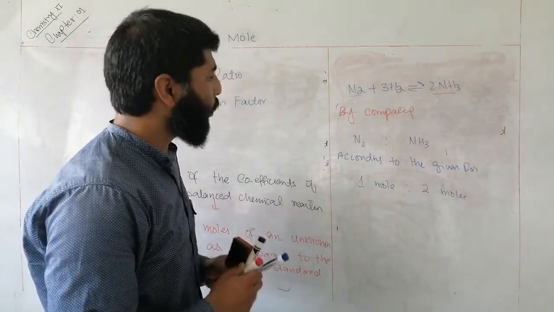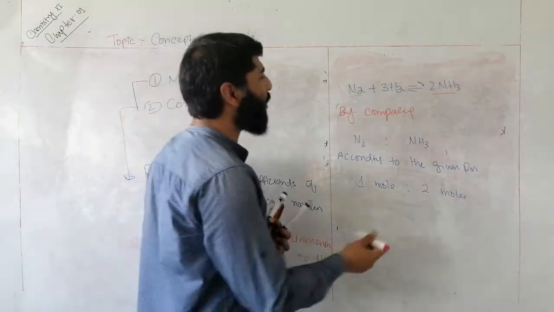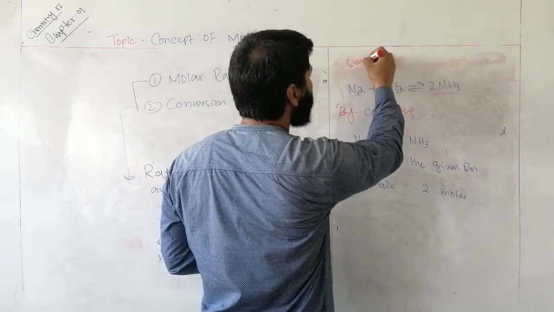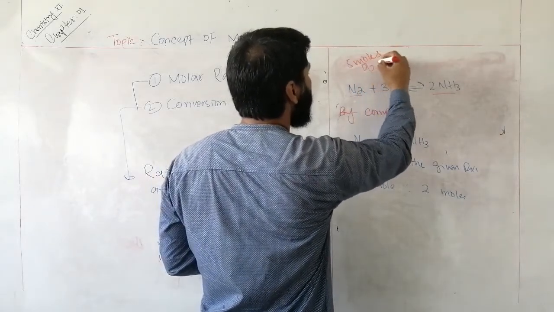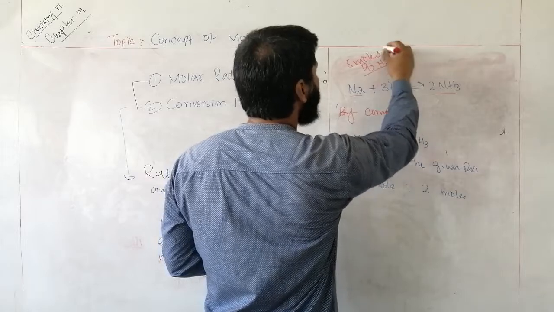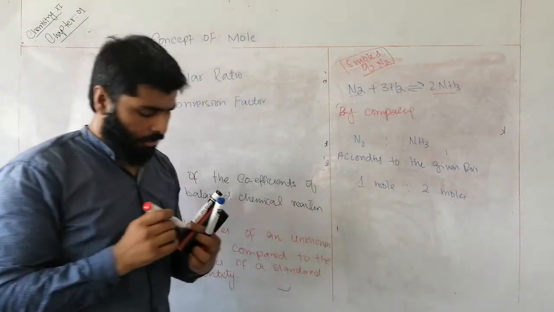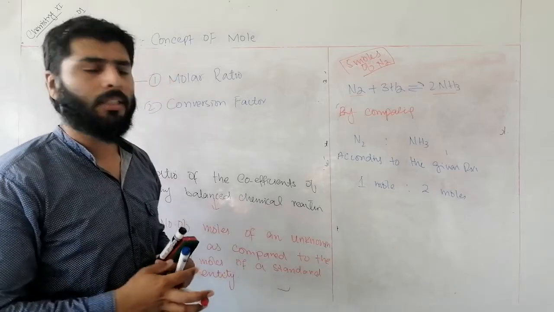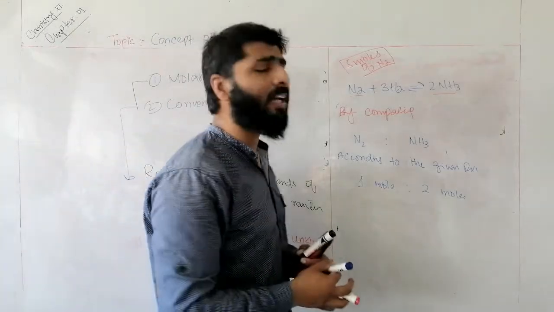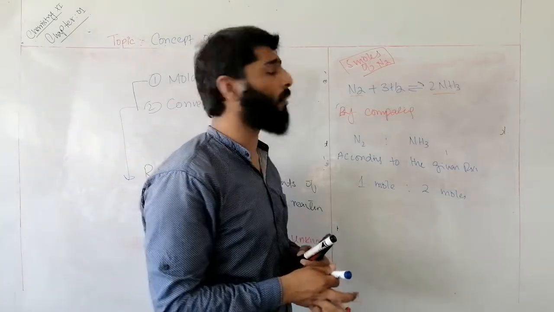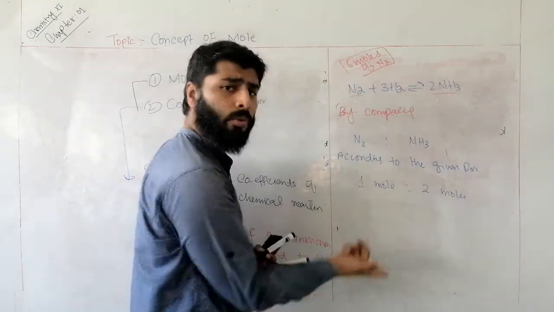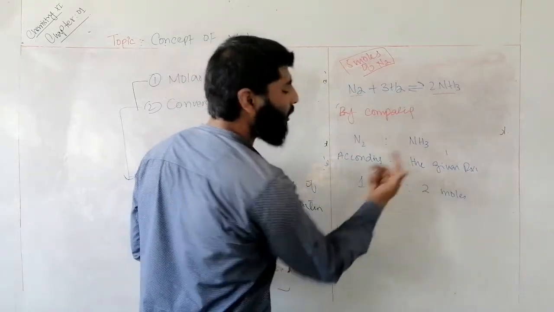Now you are asked for 5 moles, or 3 moles, whatever, 5 moles of nitrogen. When 5 moles of nitrogen are used, how many moles of ammonia are formed? So you can find the simplest whole number ratio. Here it is already known, which is 1:2. Simply it is a conversion factor.